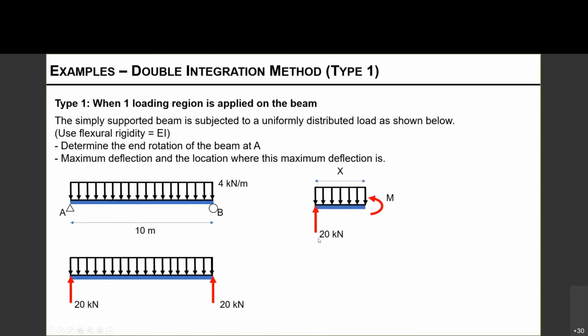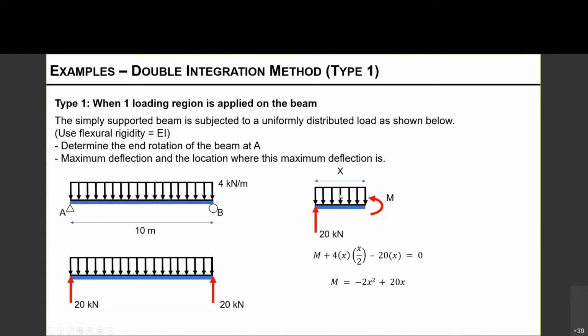And then we will consider the equilibrium for the moment, because we are interested in the moment, not shear at this point. So when we formulate this, the counterclockwise moment is positive for the left-hand cut, M, and then the loading on top of it will be X times the loading intensity, which is 4. So 4X will be the total load.